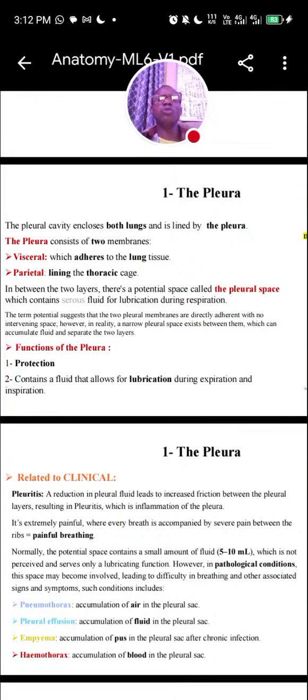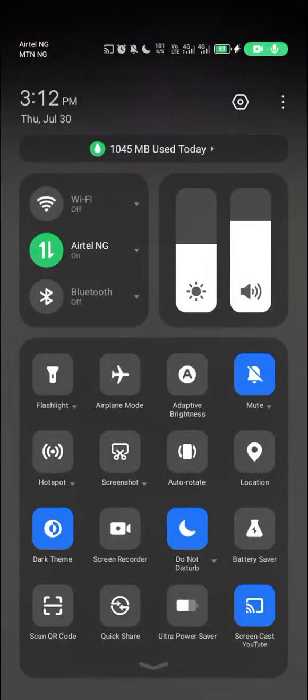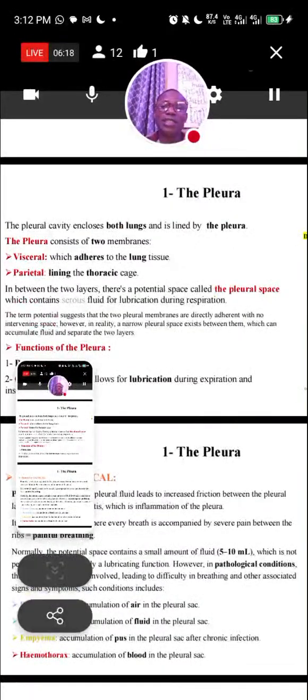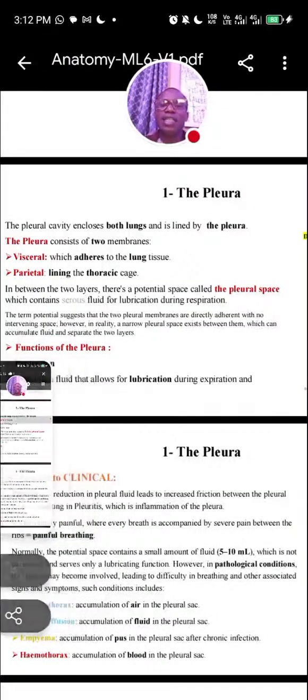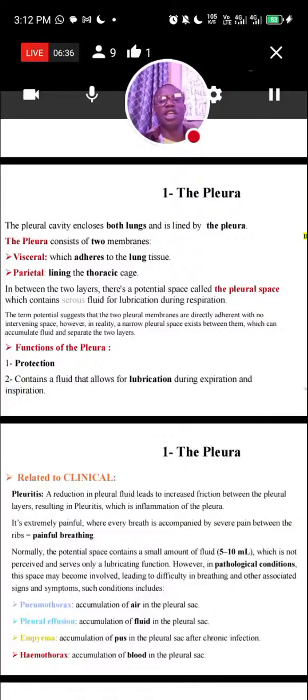Now, as we talk about this concept, watch closely, the pleura has a lining. And this lining connects with the upper and lower limb because in the upper and lower limb, you have histology, you have anatomy. Now, we are coming from the angle of histology.